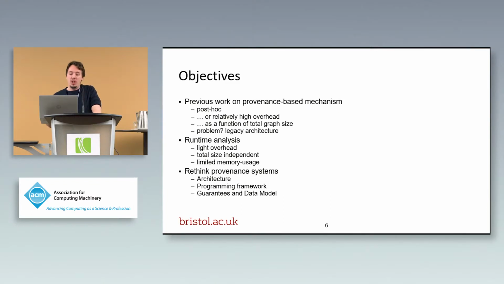So what we want is a runtime analysis with a light overhead, which is independent from the total size of the graph, and that has limited memory usage, because the idea is not to put the entire graph in memory either. That won't work. And so we need to rethink the way provenance systems are designed, so the architecture of the provenance stack, the programming framework to implement that type of analysis, and the guarantees the system provides and the data model it uses.